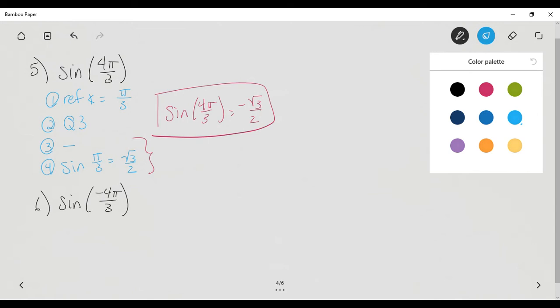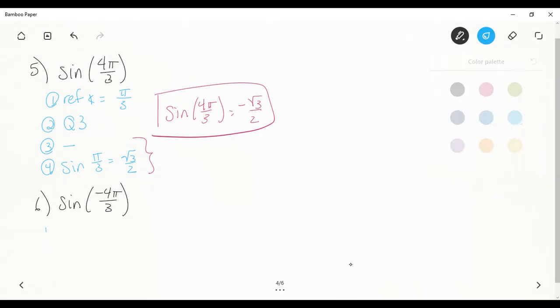What happens with the sine of a negative angle? We saw that cosine was the same. Let's see what happens with sine. In step 1, we're going to take our reference angle, again pi over 3, but this time negative 4 pi over 3 lies in quadrant 2. What you know about sine in quadrant 2 is that it is positive.